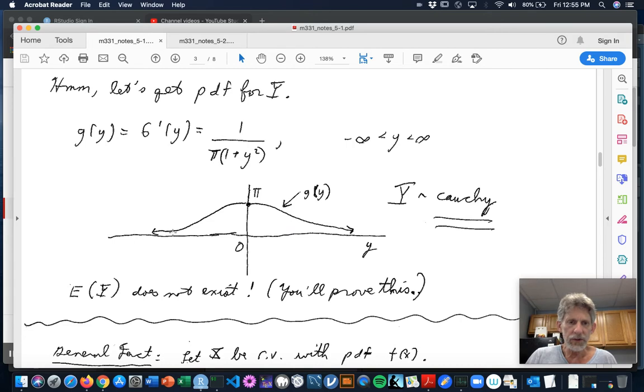Even though this curve is perfectly symmetric around 0, the tails are just too big for the random variable to settle down to anything on average if you try it a lot of times and average up your results. It just won't settle down. It's really neat.